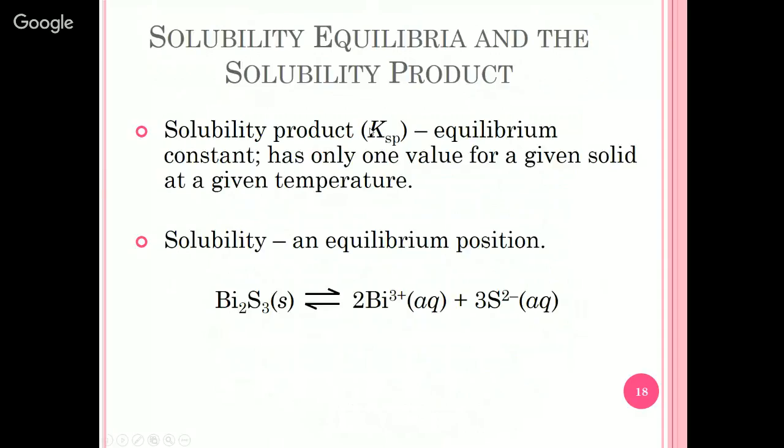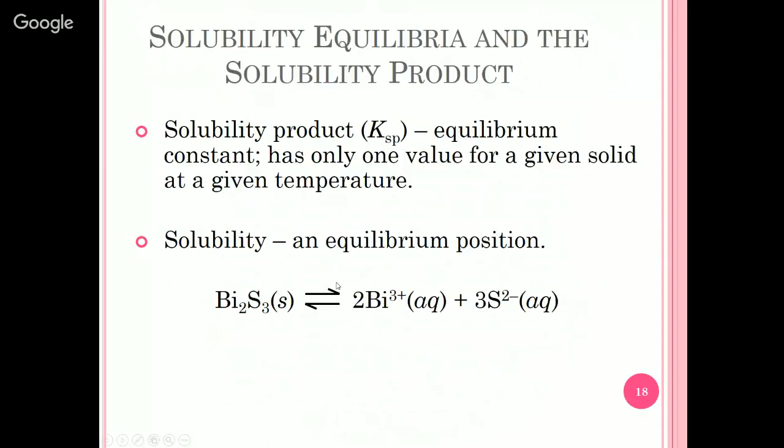Once again, our K values are always given with a specific temperature, because generally speaking, if we increase the temperature, we can increase the solubility of a solid into a liquid. So this is our solubility equilibrium expression. We always have the solid as the reactant and the ions as the product.